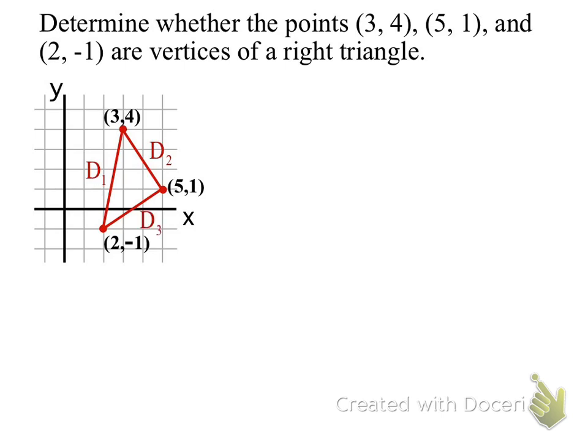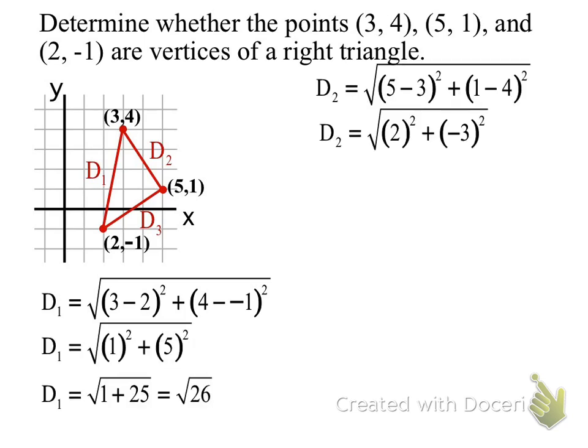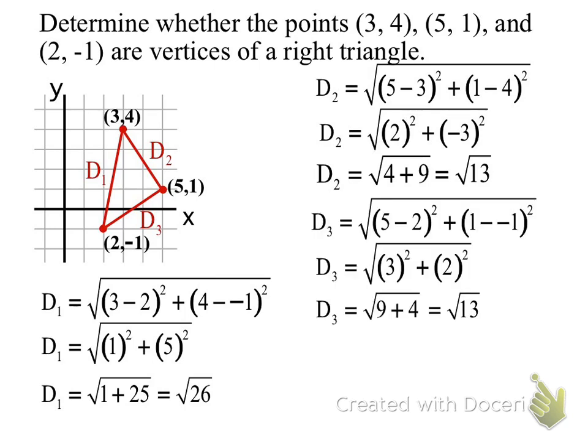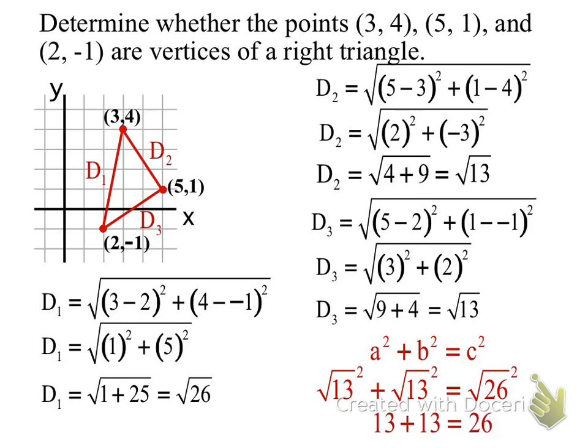It appears to be, but what do you think would be the hypotenuse? D1, right? It looks like the biggest side, so you substitute the points in. D1 is radical 26, D2 is rad 13, D3 is rad 13. Let's see if it works: 13 plus 13 is 26. Yep, it's a right triangle.